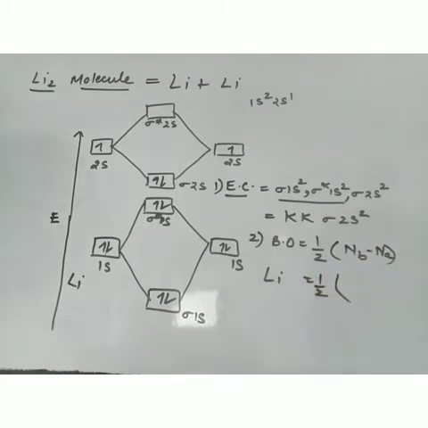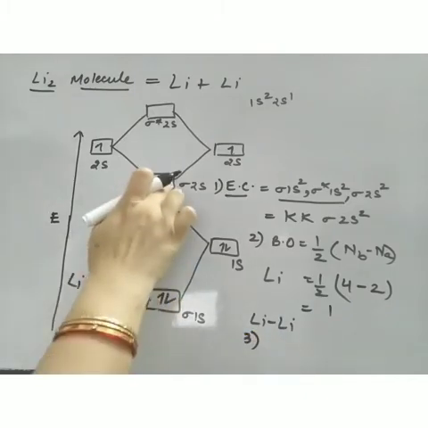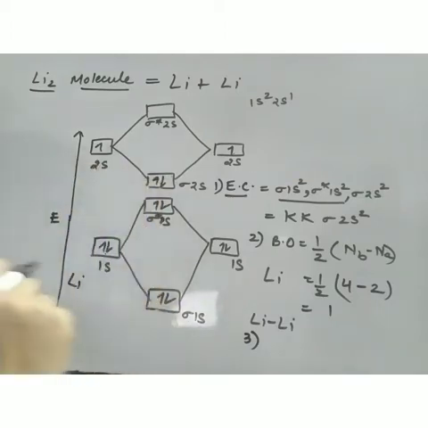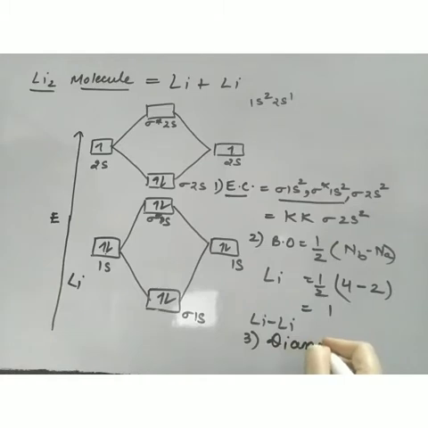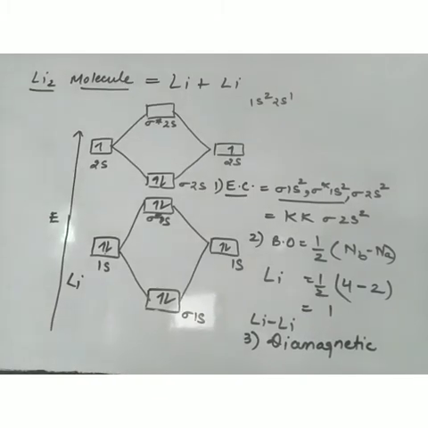How many bonding electrons are there? 2 and 2, 4. And how many anti-bonding? 2. So it is 1, which means lithium has a single bond. The third is magnetic nature: filled, filled, filled, paired, paired, paired. All the electrons are paired, so the molecule is diamagnetic. We have seen in the previous video that diamagnetic means repelled by a magnetic field.